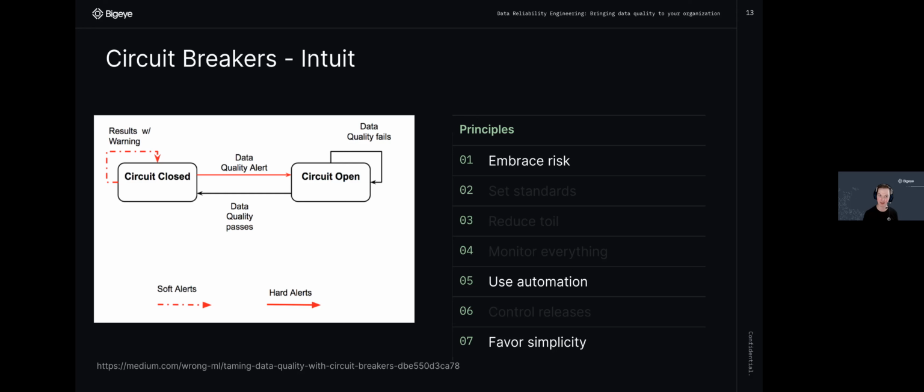Our data is always correct. And it's possible to explain to people why that can't be true. But at the end of the day, you have to internalize that notion of things will go wrong. And you have to have these systems in place to understand when they go wrong and be able to react to the fact that they are going wrong.